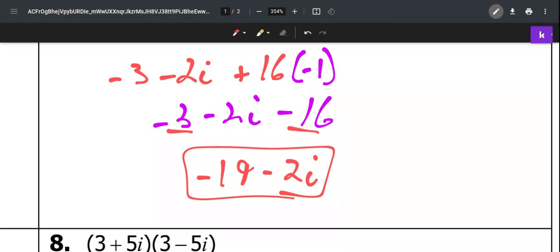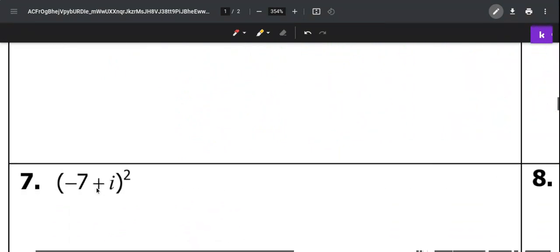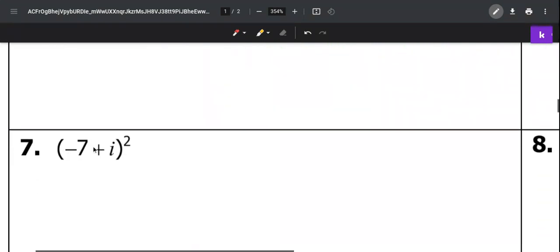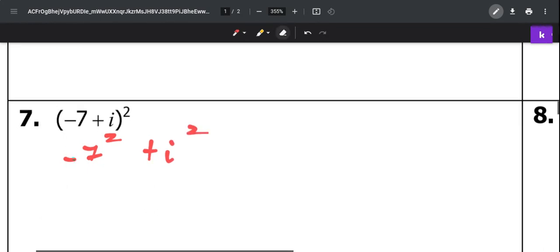All right. So now let's go to number 7. Because number 7, there's actually a little bit of a trick here. I've already told you this before, but when you have any set of parentheses and there's a plus or a minus, you can't just say -7 squared plus i squared. You're leaving out a major missing part.